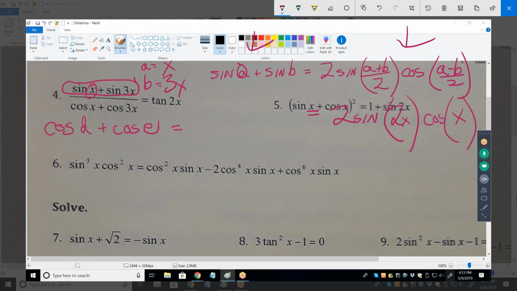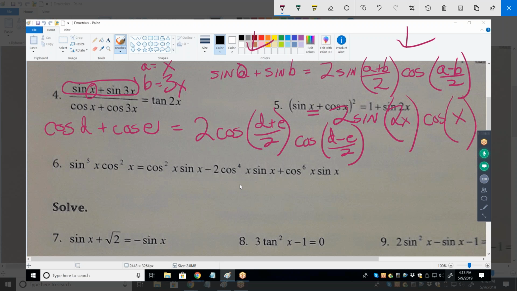And the general formula for cosine plus cosine, which is what we're looking at, is 2 cosine of (delta plus epsilon) over 2 times cosine of, guess what it is, (delta minus epsilon) over 2.